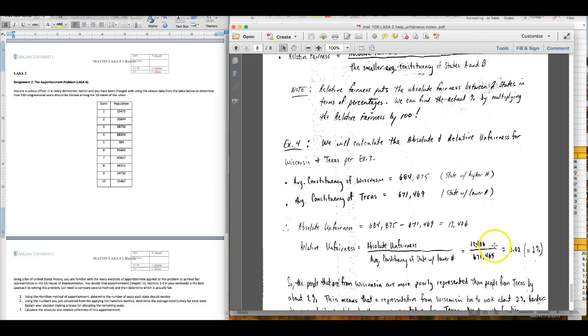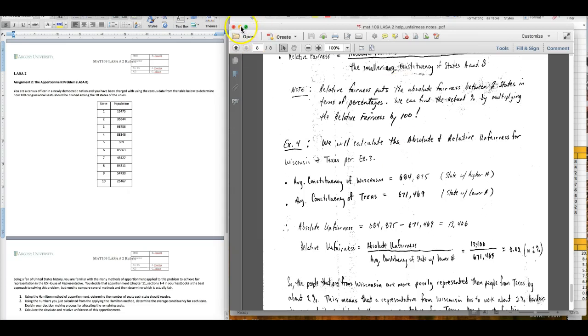So that means that the representatives in Wisconsin are working about 2% harder than the ones in Texas. Or put another way, the representatives in Texas are working 2% less than the ones in Wisconsin.